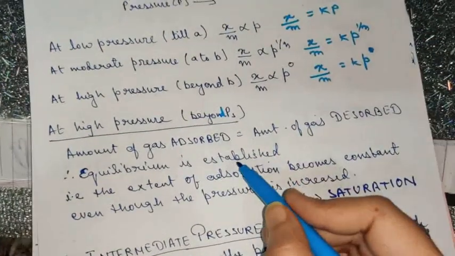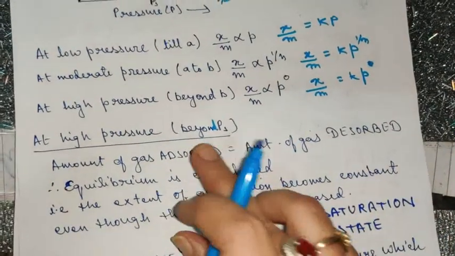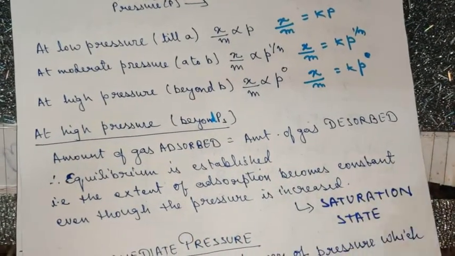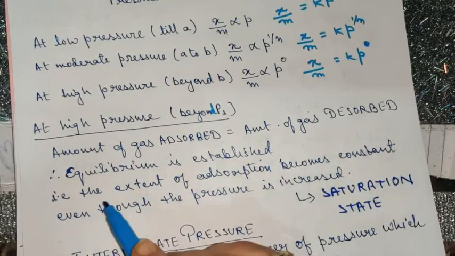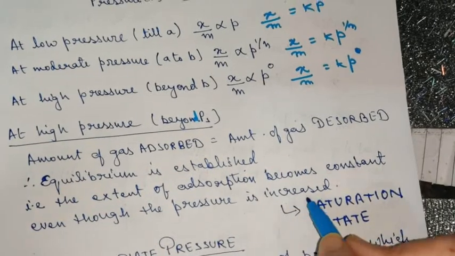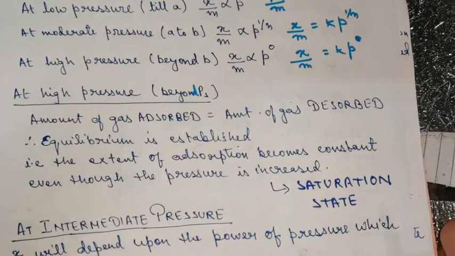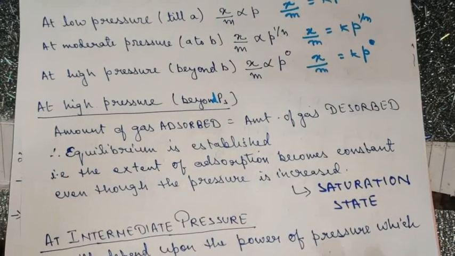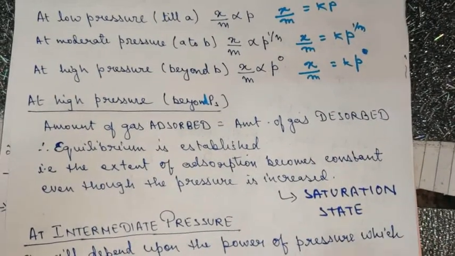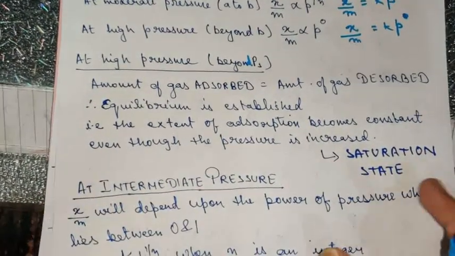On further increasing the pressure, the adsorption will get reversed. That is, equilibrium is established, and the extent of adsorption becomes constant even though the pressure is increased. This is known as the saturation point, because at this point the surface area available for adsorption is fully saturated.